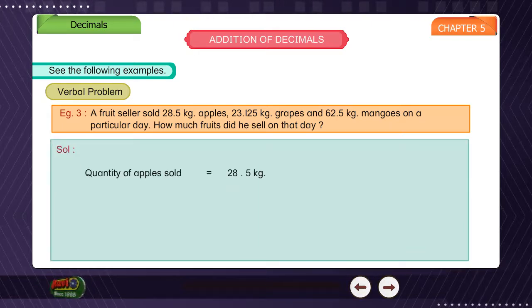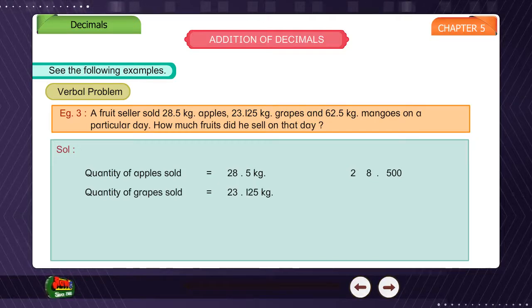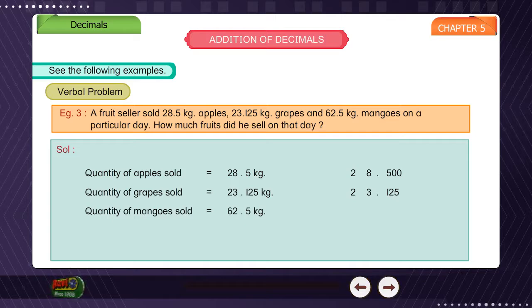Quantity of apples sold is equal to 28.5 kg. Quantity of grapes sold is equal to 23.125 kg. Quantity of mangoes sold is equal to 62.5 kg.